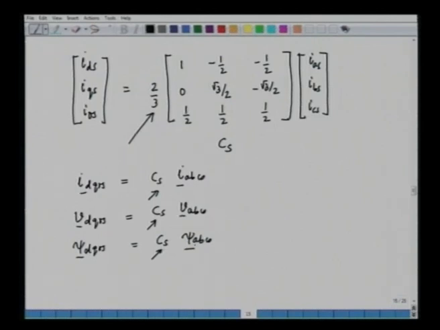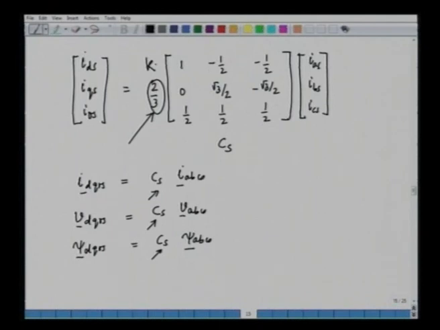So, these are all vectors, the flux linkage, the voltage and the currents are all vectors. So, we are using the transformation matrix, that is CS, to transform the current, voltage and flux linkage into that of the DQ machine. And since we are talking about per phase power invariance and per phase variable should not change, it means per phase impedance should be the same, per phase current should be the same, per phase voltage should be the same, and per phase flux linkage of the 3-phase machine is same as the per phase flux linkage of the DQ machine.